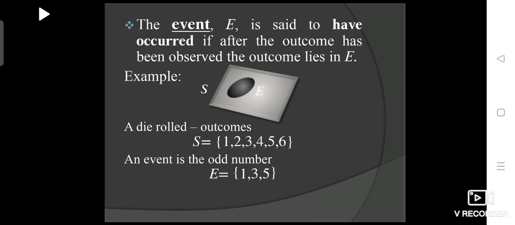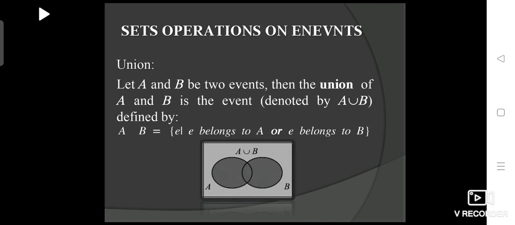For example, you are rolling a die and the sample outcomes are 1, 2, 3, 4, 5, 6, and you study from these observations. Your event can be based on odd numbers. This is also a subset of your population: 1, 3 and 5.